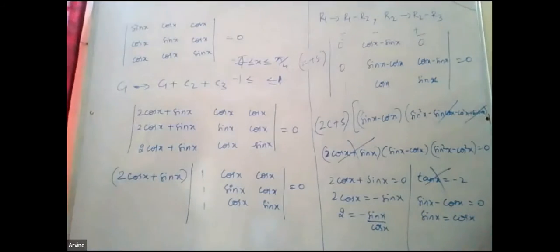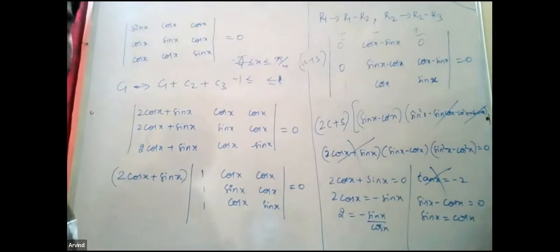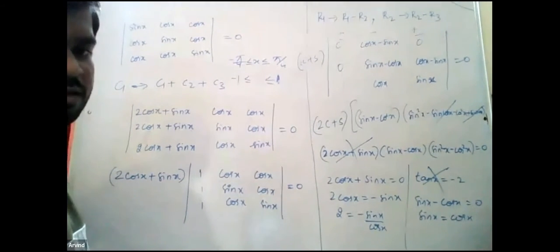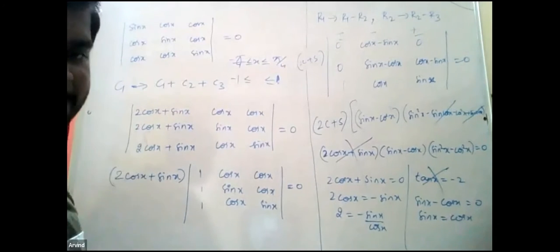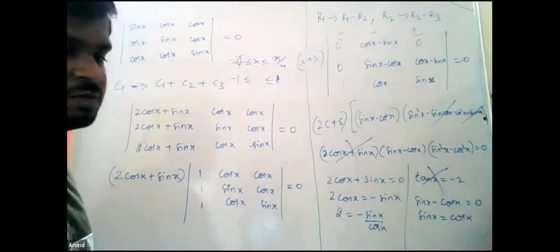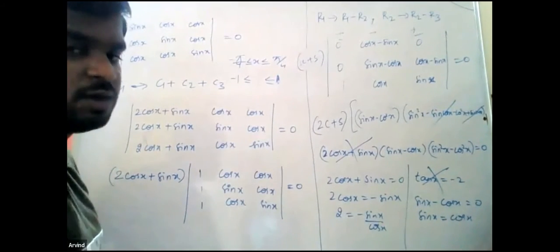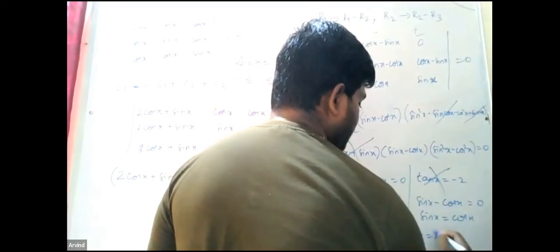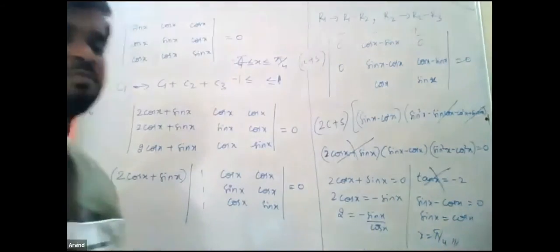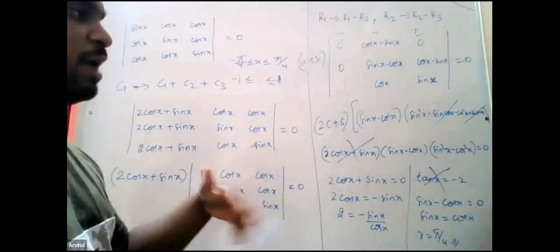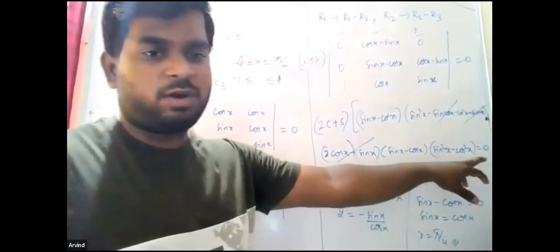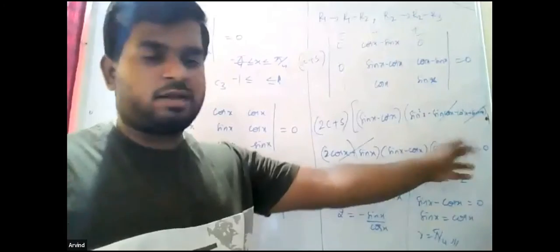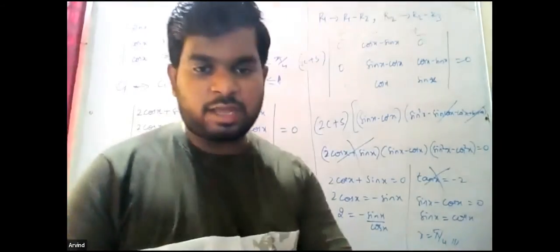For which value do sin x and cos x become equal? Very simple. For which value is sin value equal to cos value? 45 sir. 45 degree. Therefore x is 45 degrees, so the x value is pi by 4. Will any other roots or x values come? Here also only this. sin square is equal to cos square, therefore sin x is equal to cos x. Doing it that way is the same thing.